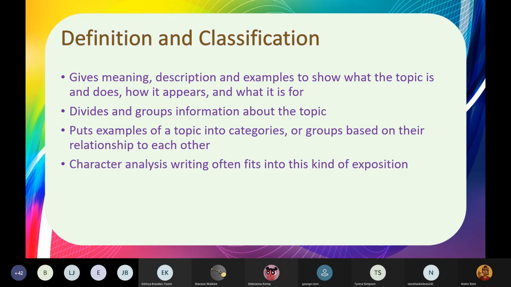If someone asks you to write a character sketch on Michaela, what you're doing is giving information about her, right? And in a character sketch, if you're talking about a fictional character, what are some of the things you would talk about? What were some of the things you would mention?